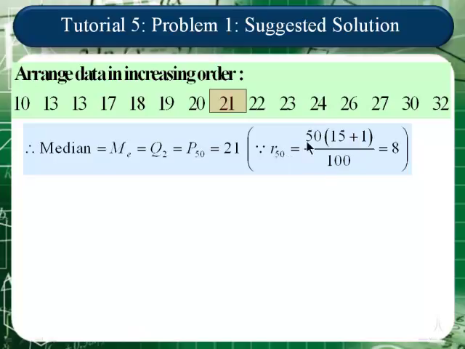And here I've used another formula. We say that the rank of percentile 50 is the percentile, times the sample size, which is 15 plus 1, which is 16. Obviously, 50 goes into 100 twice, so we get the rank is 8. So, therefore, the median is in position number 8, or is equal to 21.